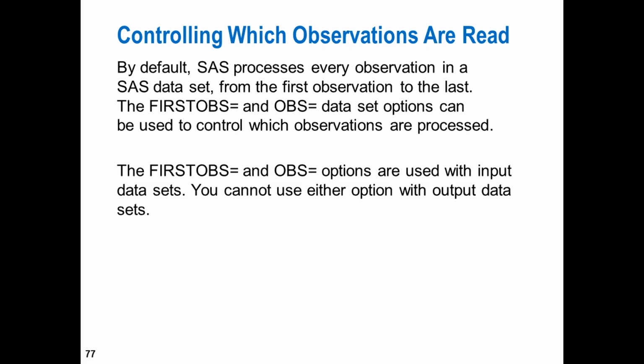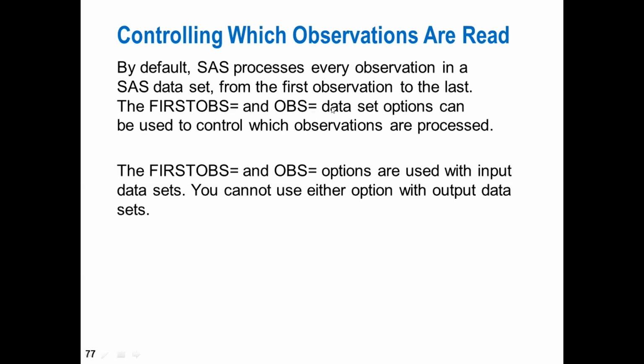By default, SAS processes every observation from your input data set, from the first observation to the last. But if you want to control where it should start and stop, you can use FIRSTOBS= and OBS=.